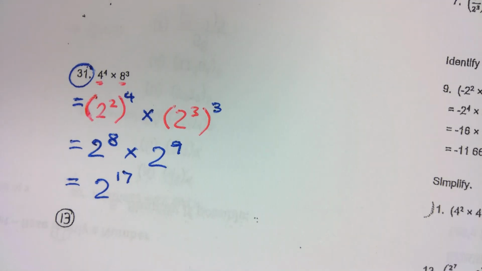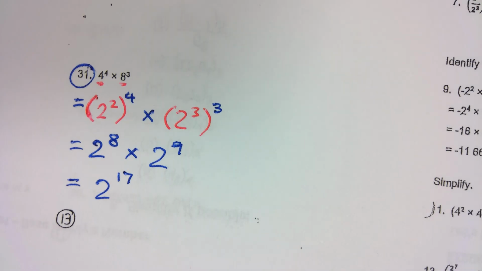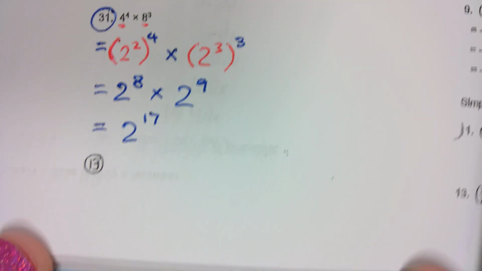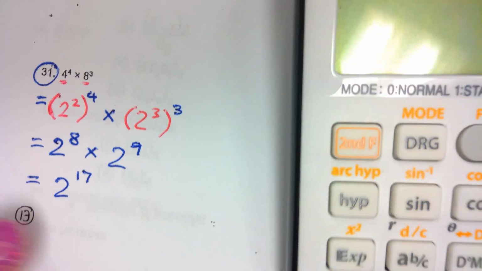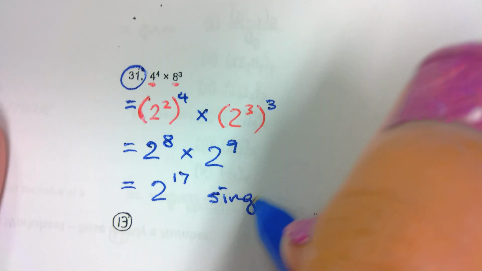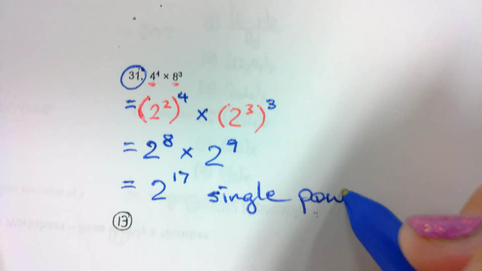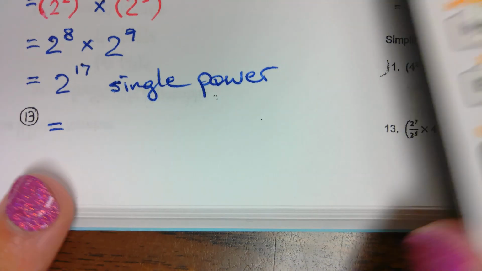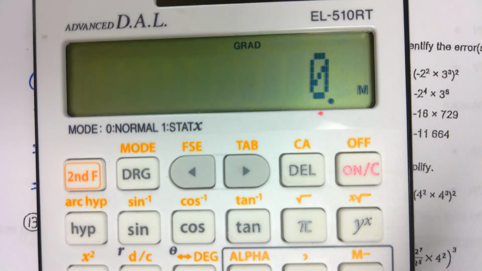Okay, just as a recap of what we did on, is it Monday? Yeah. No, Tuesday. Tuesday with scientific notation. Okay. If I do this on the calculator, so let's say this is writing it as a single power. If I want you to evaluate, I'm going to punch it into the calculator.